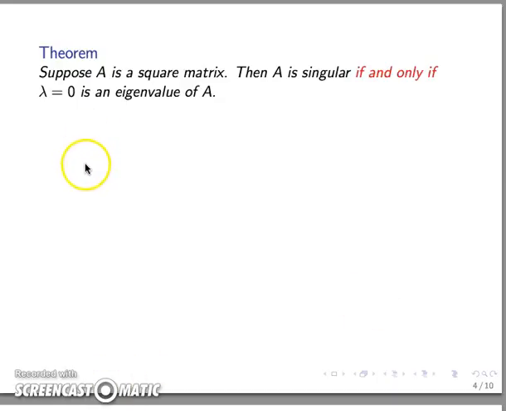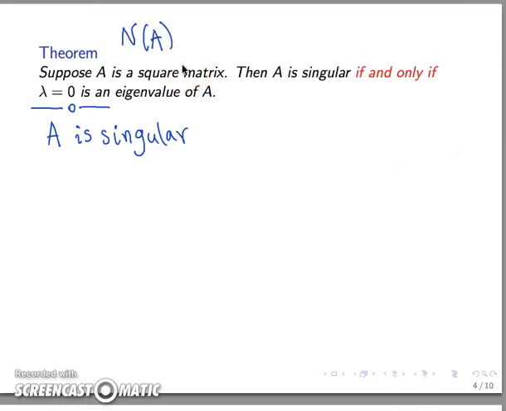Well, and how do we write a proof for this? There are a few ways of writing a proof, but luckily we could exploit the fact that this is an if and only if type of theorem. So we can start by writing: A is singular, and let's remember what that means. The definition of singularity has to do with the null space of the matrix.